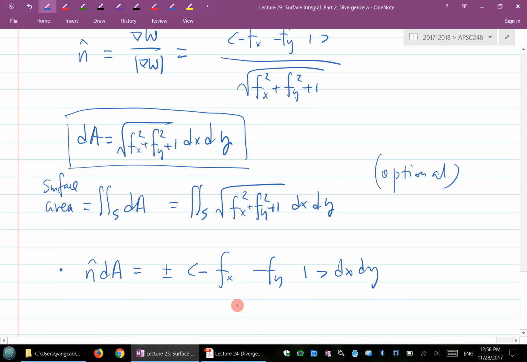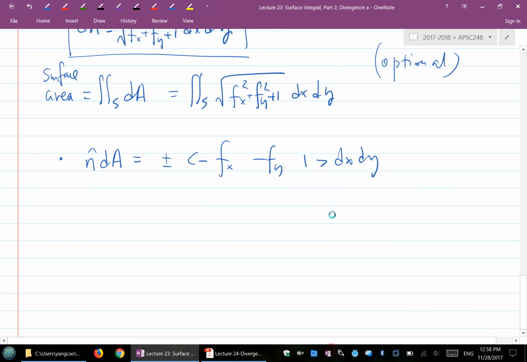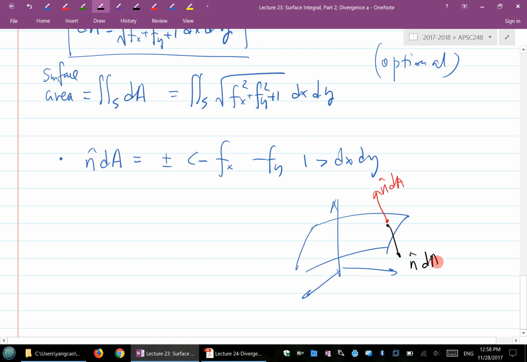You have to think in terms of the direction of the vector. Let's say I draw a surface here. If I have a surface at this location, you could have n hat dA in this direction, and you could have n hat dA in this direction.